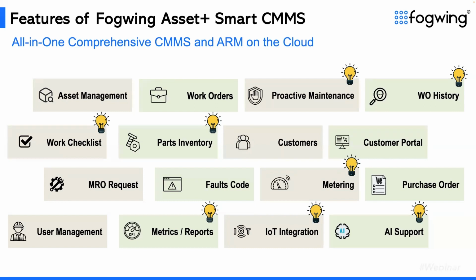and allowing them to manage parts, parts inventory management, allowing your customers, internal or external, to give feedback, to reach out to you and get access to the system using a customer portal and customer management system.